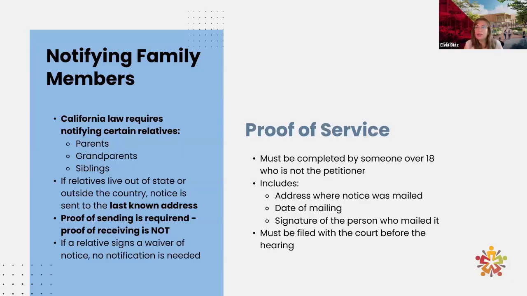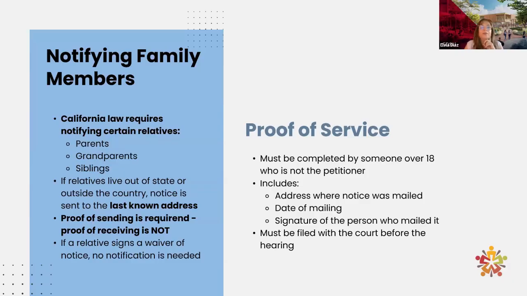So it's okay. All you have to do is prove that you have sent it. Say you haven't seen them for a long time. Well, that's okay. Just send it to their last known address, all right? And then you just have to send the proof of sending.